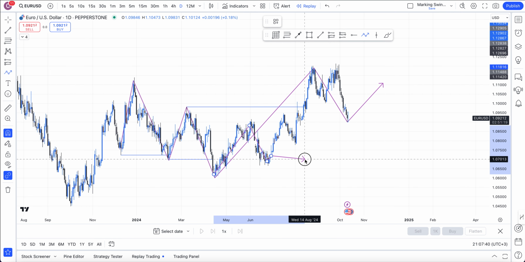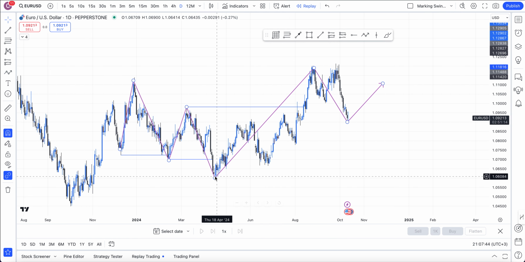Let me repeat, maybe you didn't get that. We can't consider this low to be a strong low because it has not taken this high, right? If it could have taken this high, this one would be a strong low, but it has not taken this high, so it is a weak low, right?